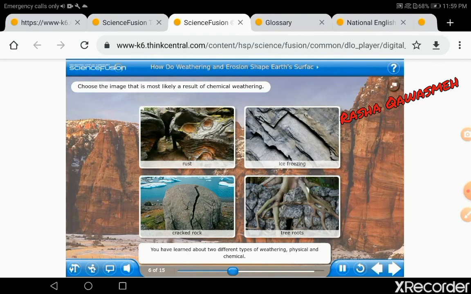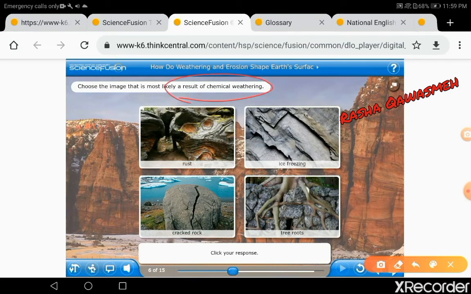You have learned about 2 different types of weathering, physical and chemical. Choose the image that is most likely a result of chemical weathering. Click your response. Okay, let's choose the image that most likely results from chemical weathering. We have ice freezing, tree roots, cracked rock, and rust.